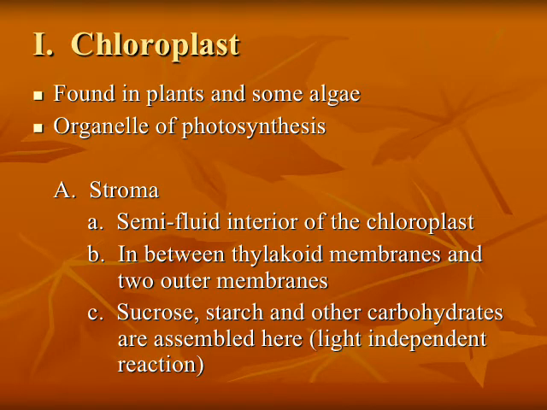At the stroma, this is where sucrose, starch, and other carbohydrates are assembled. I'm going to refer to this set of reactions as the light-independent reaction of photosynthesis, meaning that it does not require light in and of itself to undertake that reaction.